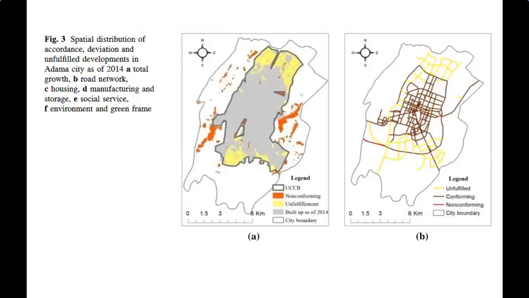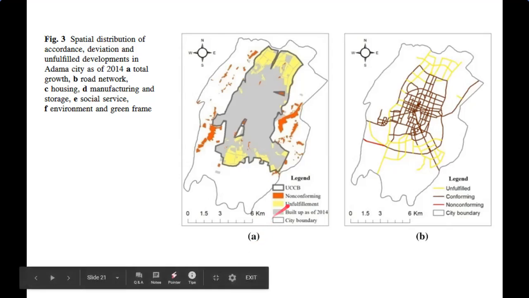This is an example of how to identify the mismatch between the actual urban developments and the proposed area of urban developments.